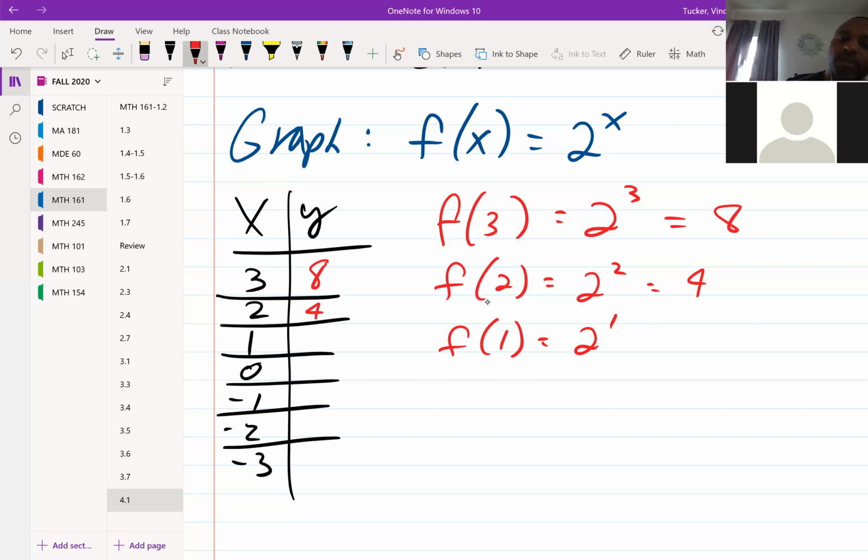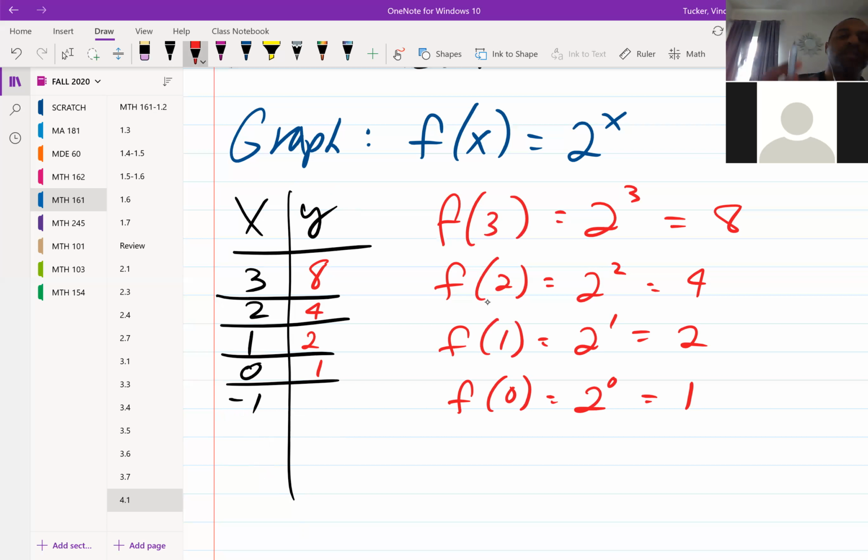Plugging in 1, 2 to the first power would be 2. Plugging in 0, anything to the 0 power is 1, so don't forget that. Any questions on those before we do the last 3?